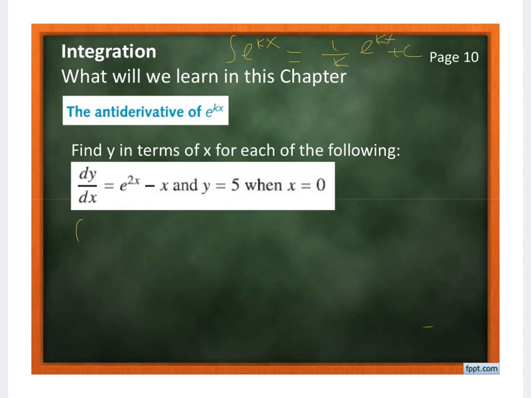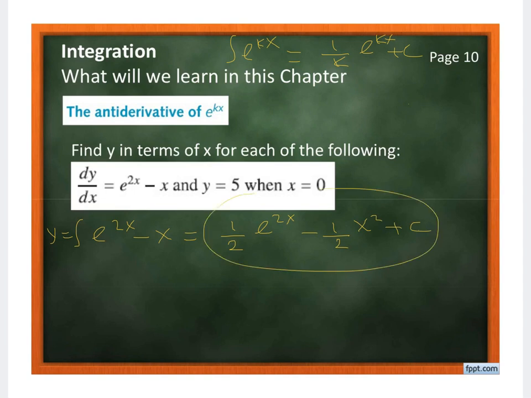So for this one, the antiderivative of 2x, y equals the antiderivative of e to the 2x minus x, equals 1 over k, the k is 2, e to the 2x minus 1/2 x squared plus c. We keep it first, so I put y equals 1/2 e to the 2x minus 1/2 x squared plus c.